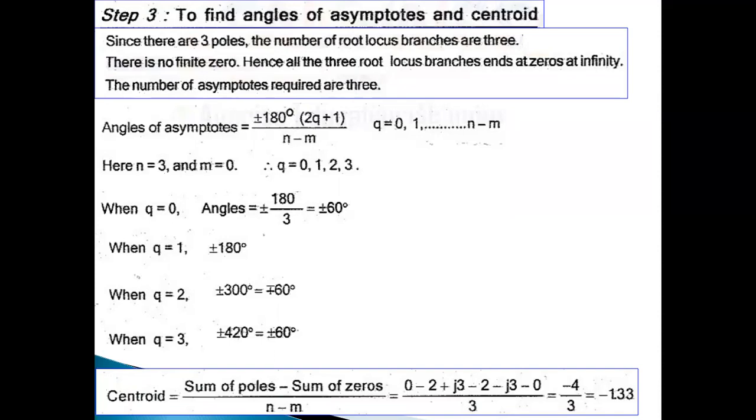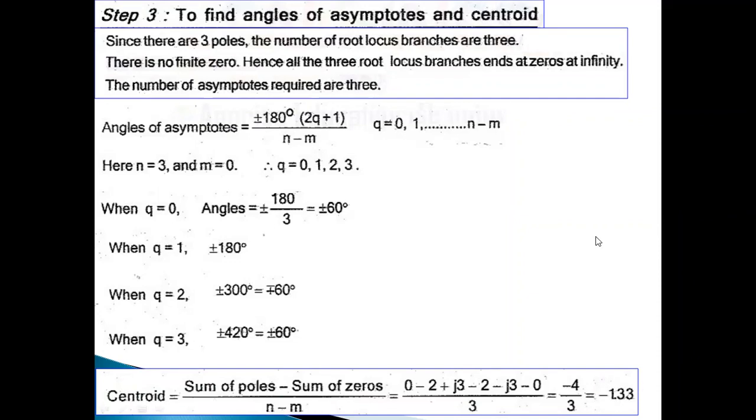Because the root locus is symmetrical about the real axis. Once you have a complex pole, you will definitely have its mirror image, so the imaginary terms cancel and only the real parts remain. So you can directly use the sum of the poles minus the sum of the zeros divided by n minus m. This is the centroid.